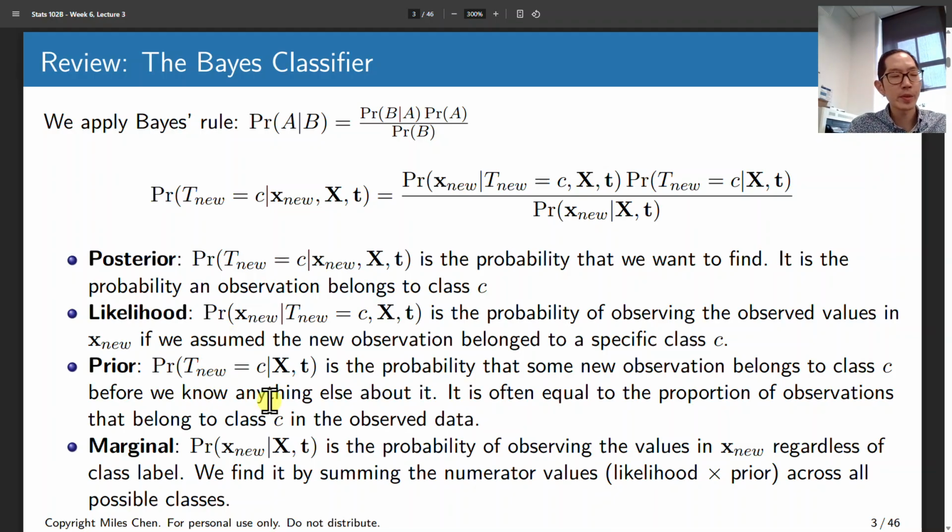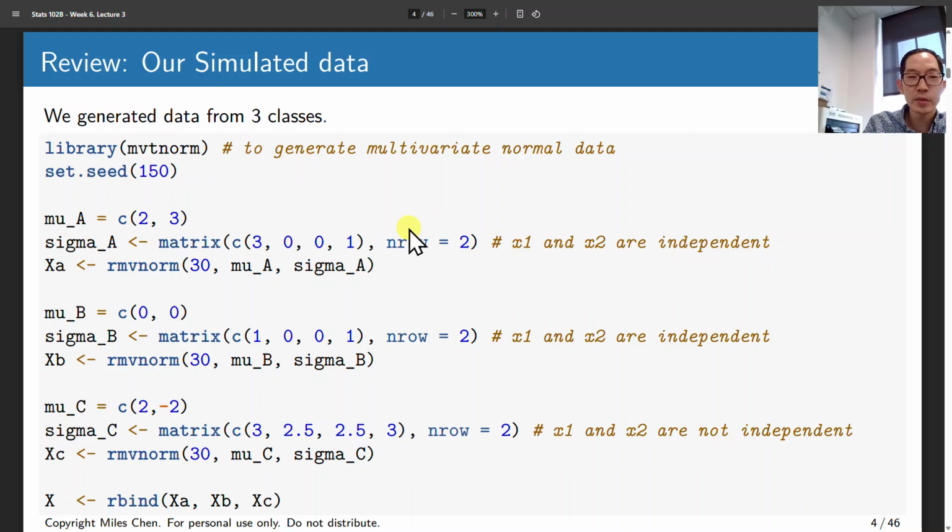We multiply these two together to get our numerator. The denominator, on the other hand, is simply there to make sure that all of the probabilities sum to 1.